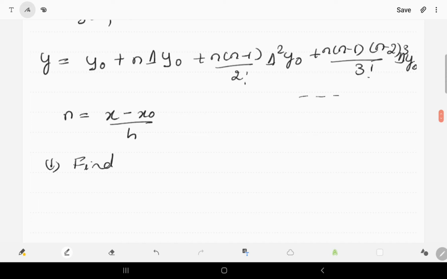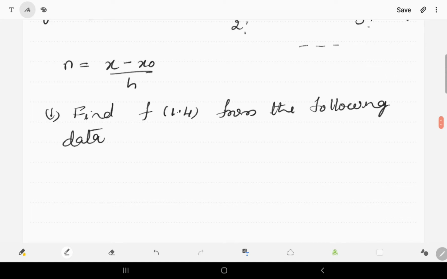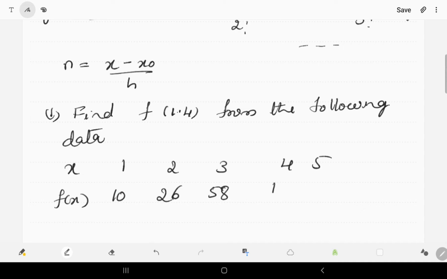Find f of 1.4 from the following data. That is, x and f of x are given: x is 1, 2, 3, 4, 5 and f of x is 10, 26, 58, 112, 194.